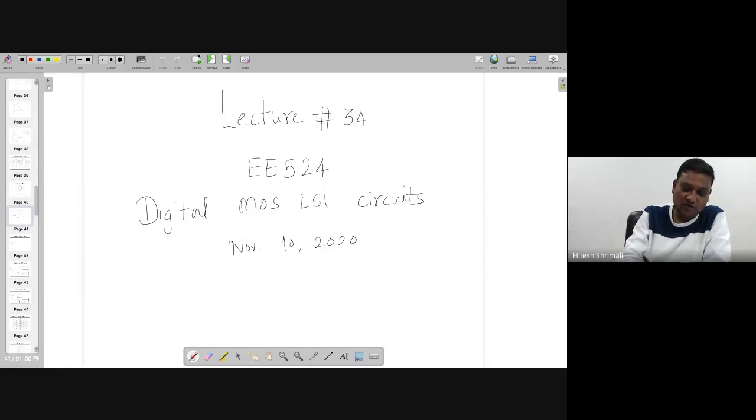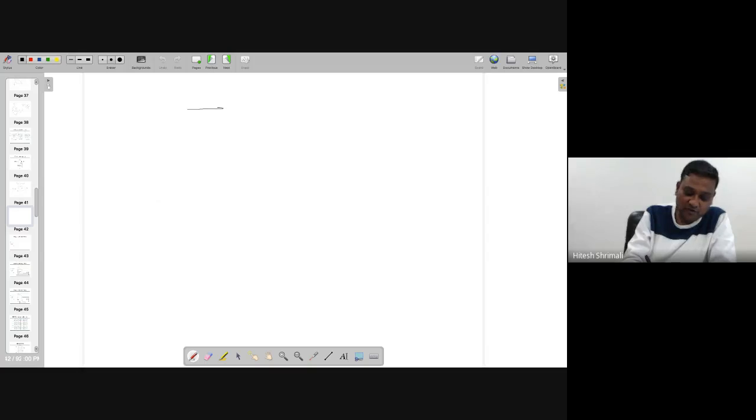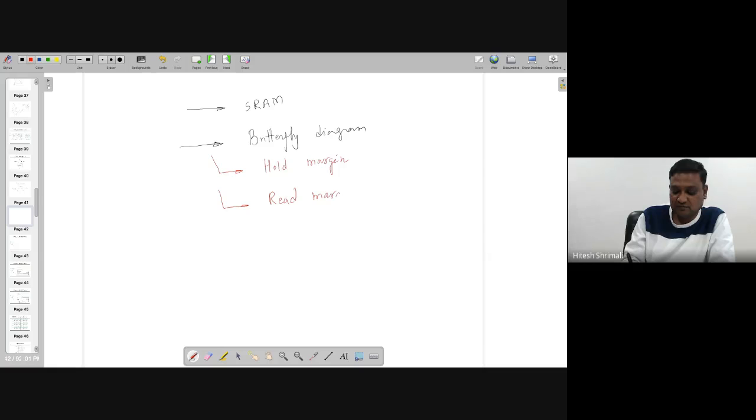Other than that, we talked about SRAM, and we talked about the butterfly diagram, through which you can find out three important things: hold margin, read margin, and write margin.